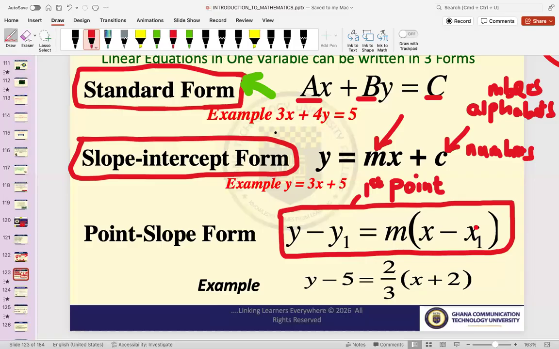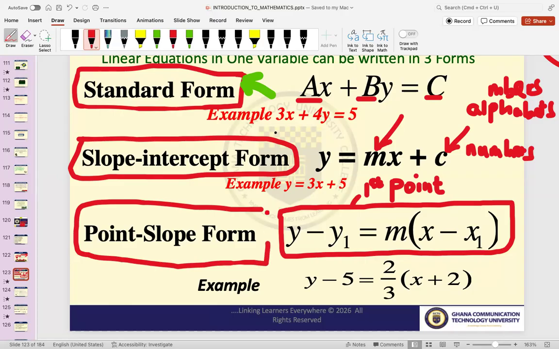And anytime you have an equation with an arrangement like this, we call that simple linear equation the point slope form. Point slope form, because you are starting from a point, the first point of y, which is y1, and then the first point of x, which is x1.